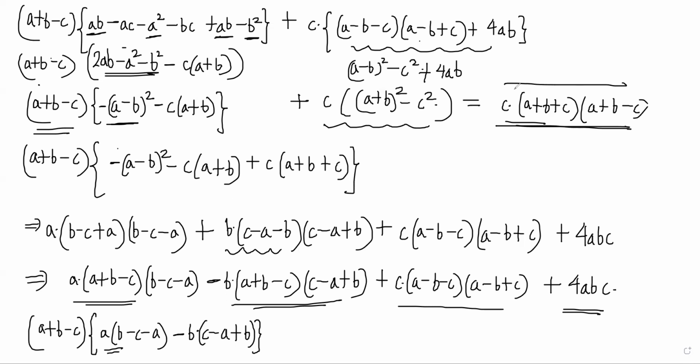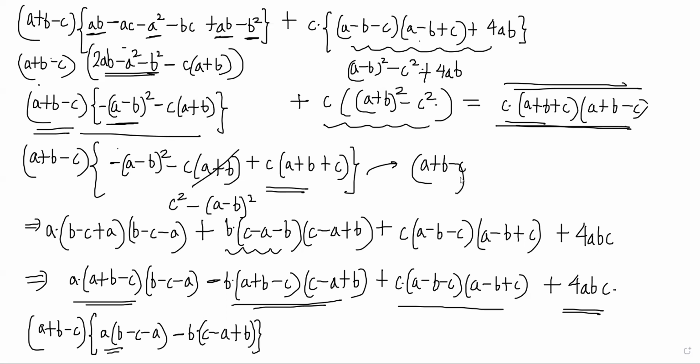And notice here that plus C into (A plus B) will cancel this term completely, and you will be left with C square minus (A minus B) whole square here. So it is becoming (A plus B minus C) times (C minus A plus B) times (C plus A minus B).